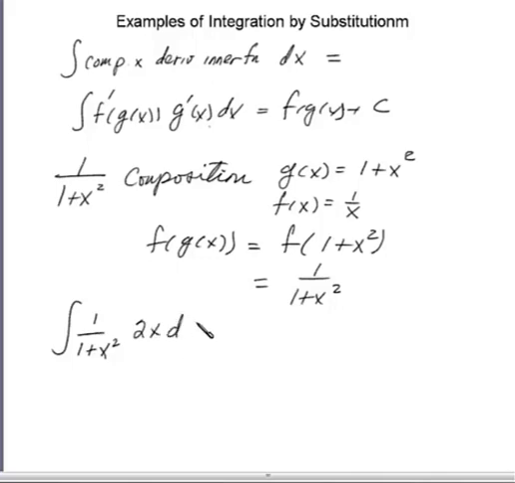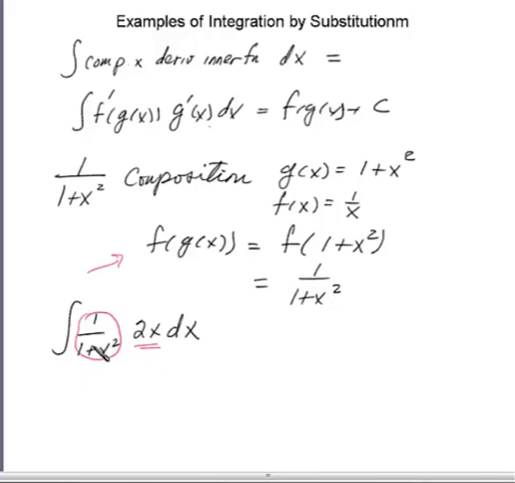2x dx. We need procedurally to look for a composition. Let's get a bright color here. We need to look for a composition, and from what we've just seen here, we've found our composition. So we've got a composition. Now is this in fact the derivative of the inside function?